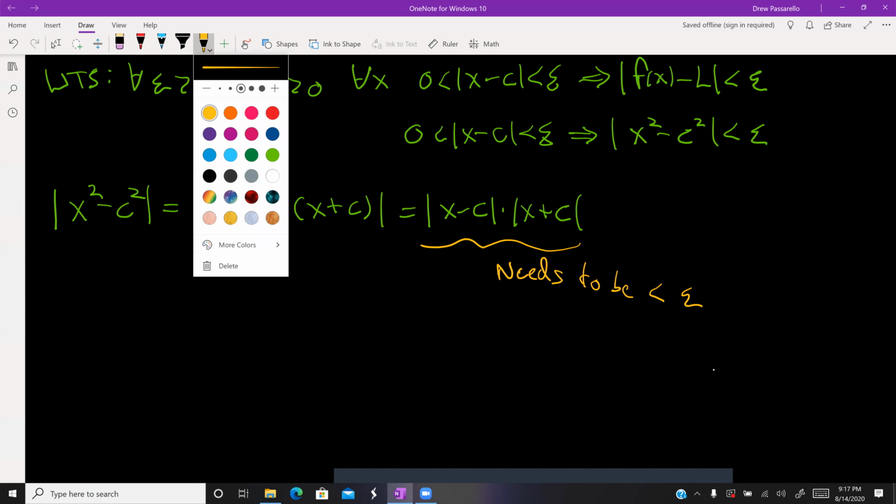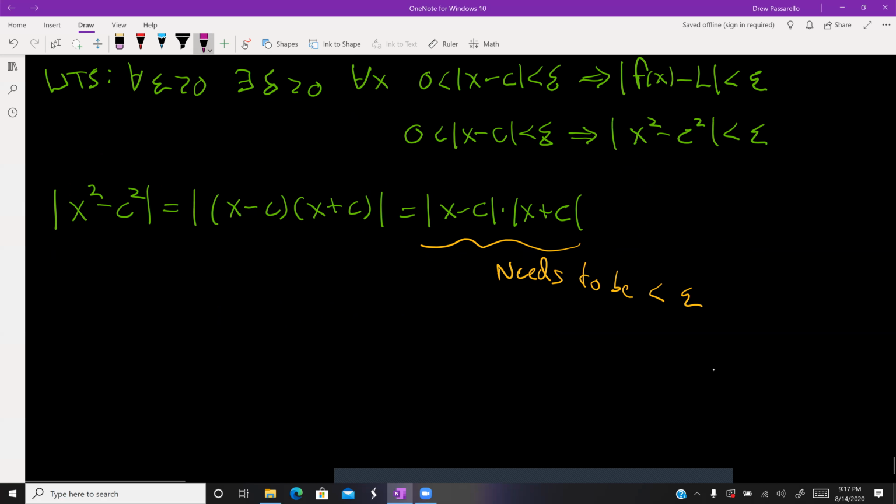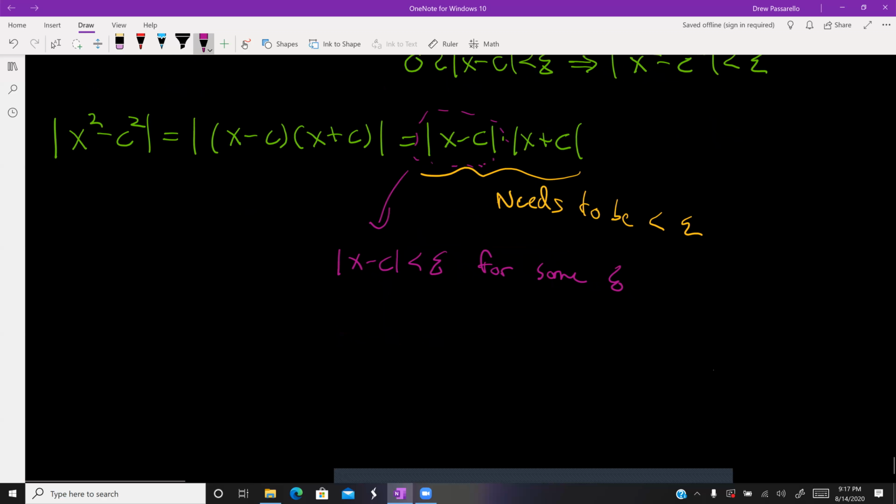But we know whatever we use for delta, our absolute value of x minus c is going to be less than delta for some delta that we pick. So we essentially need to find a way to bound the x plus c.